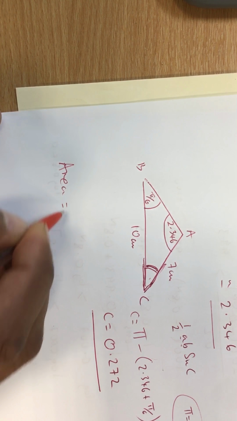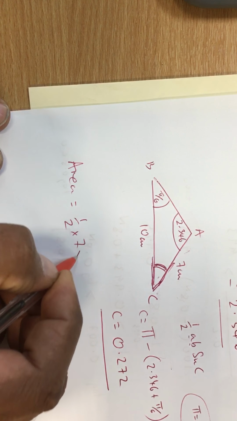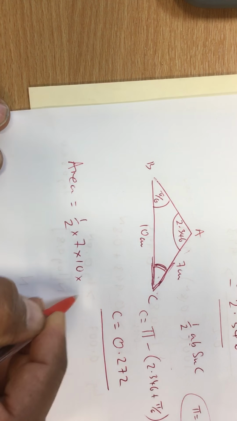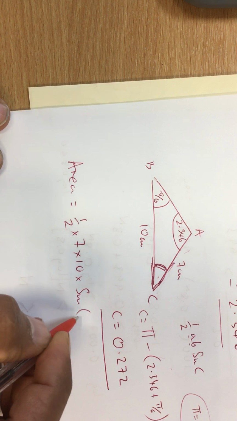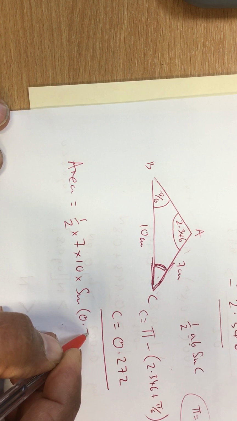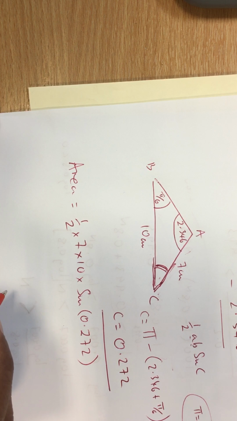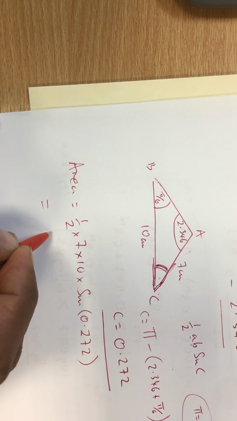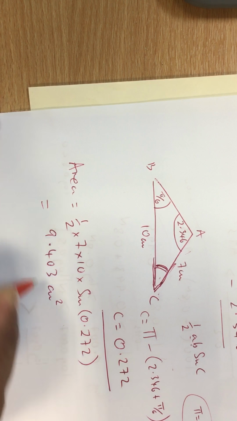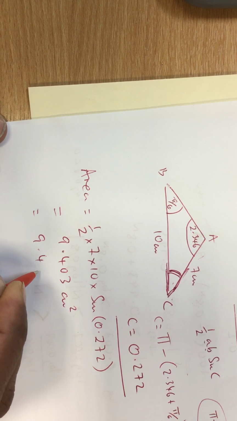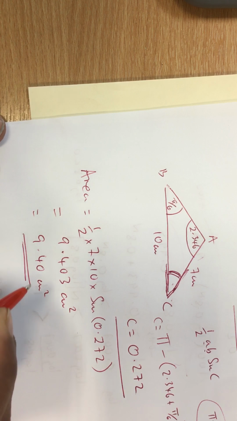Area is equal to half, the two sides are 7 times 10, and then times sine of the angle. Don't forget we're still in radians, it's 0.272, close bracket. And if you just plug that straight in your calculator, you're going to get the area 9.403 centimeters squared, and just leave that to 9.40 centimeters squared. So that's part 2.